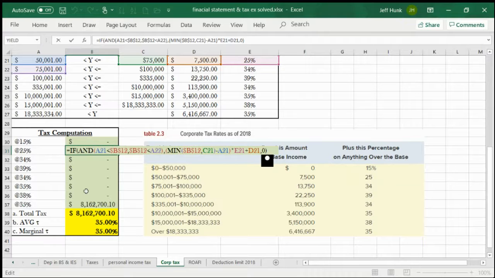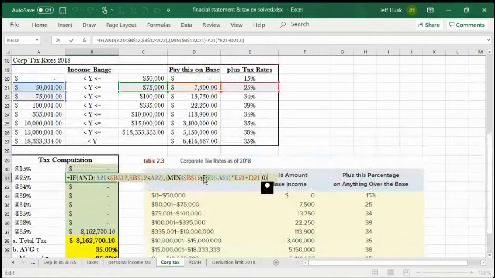If it falls within this bracket, so that's greater than this, if our B12 is greater than this and less than this at the same time, then take the difference of the minimum of our taxable income and 821. And of course, our taxable income is greater than this, so this is not going to kick in.